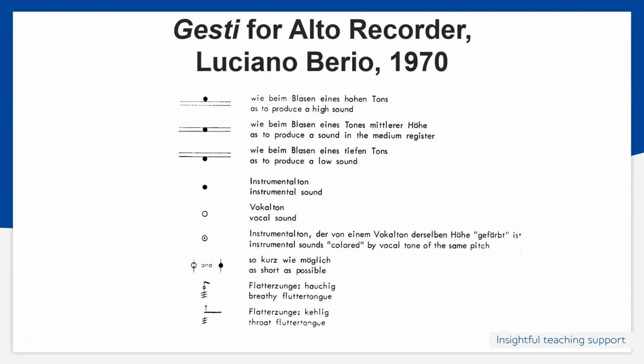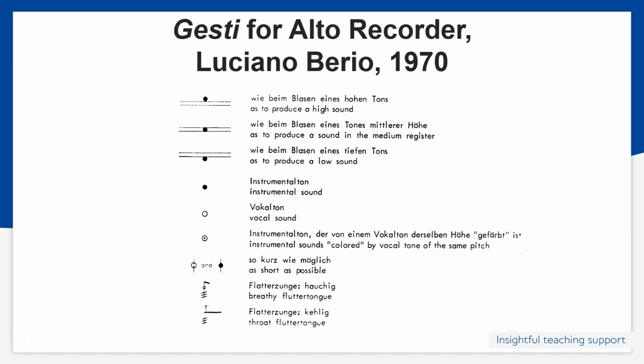This is an example of aleatoric music called Gesti and is written for alto recorder and composed by Luciano Berio in 1970. Instead of using the conventional rhythmic notation and stave notation, Berio uses a series of dots. A black dot on the top of 2 lines to produce a high sound, a black dot between 2 lines to produce a medium register sound, and a black dot beneath 2 lines to produce a low sound.